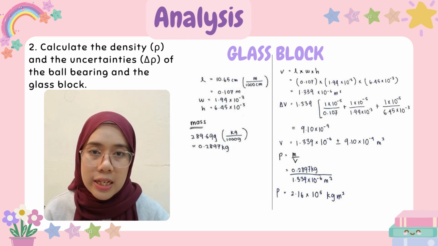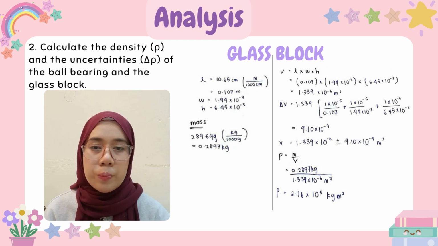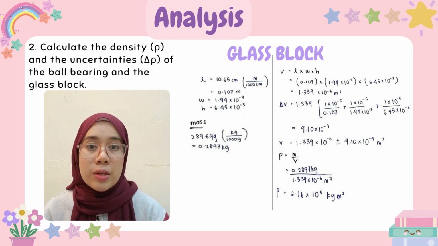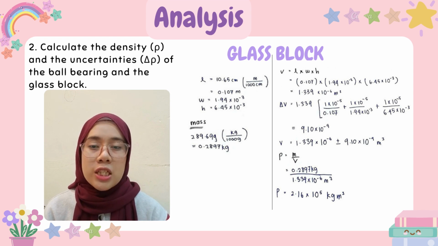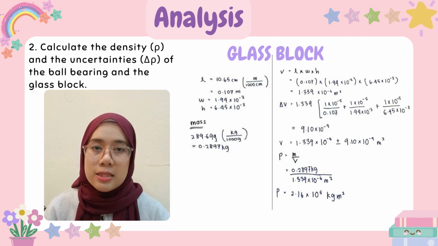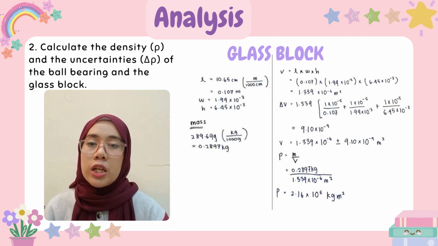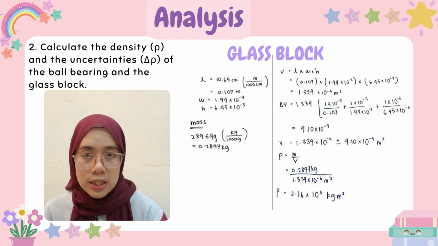And then, to calculate the density, we use the same formula that we used to find the density for the ball bearing, which is density equals mass divided by volume. And again, same as the ball bearing, we need to change the glass block mass from 289.69 gram to kilogram. To change it, we need to divide it by 1000.